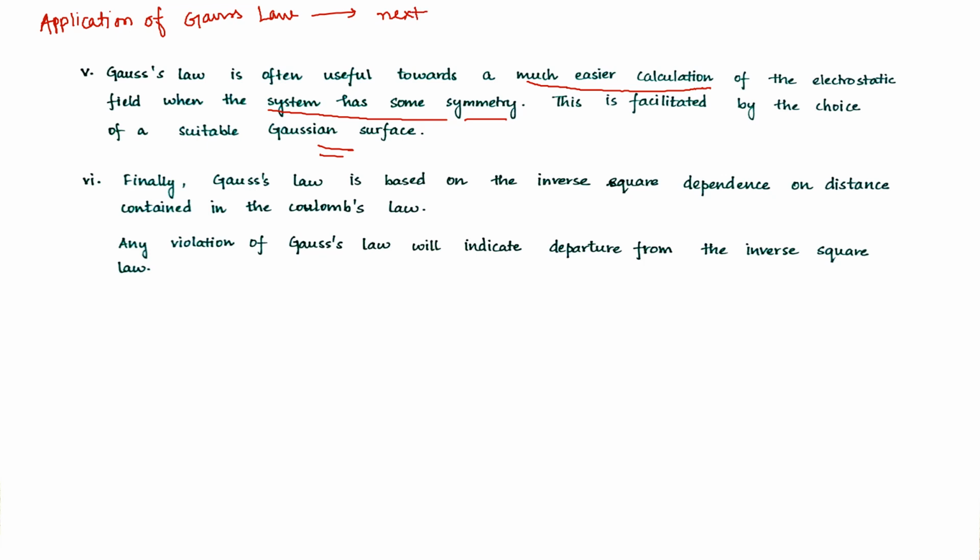In that we will see that we are taking a uniform and very much defined surface. Why so? This is here in point number 5. We aim at taking a system which has some symmetry, because for a symmetrical system it is quite easy for us to do the calculation or to define the Gauss's law.